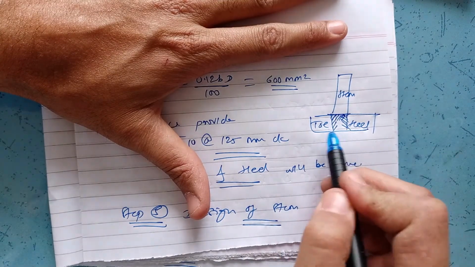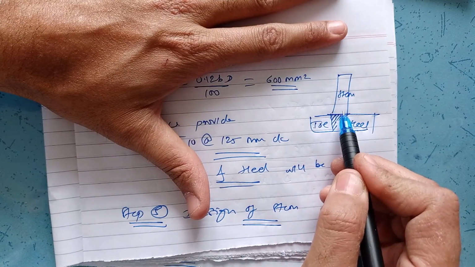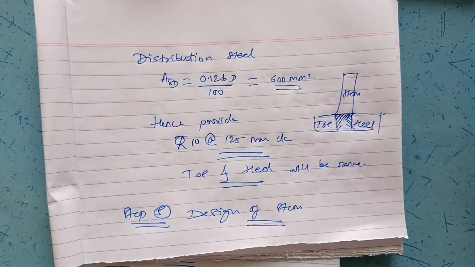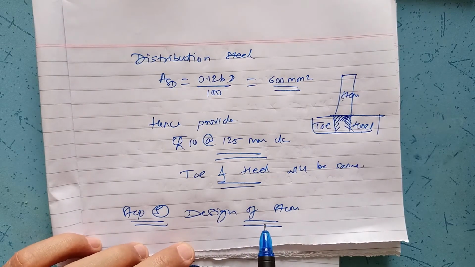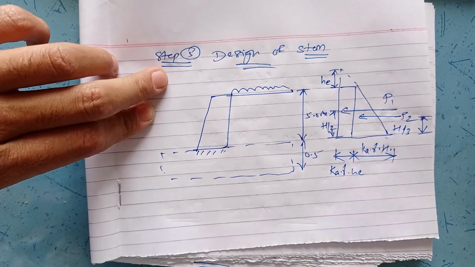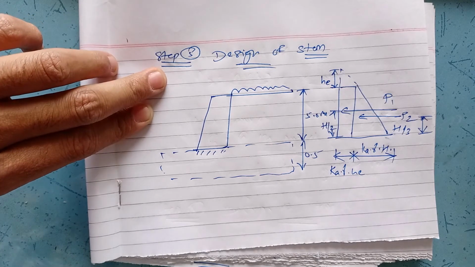Hence all these three slab components are cantilever in nature, and we are designing the cantilever slab, and for that moment is a must. Hence now we will move towards step number 5, design of the stem.